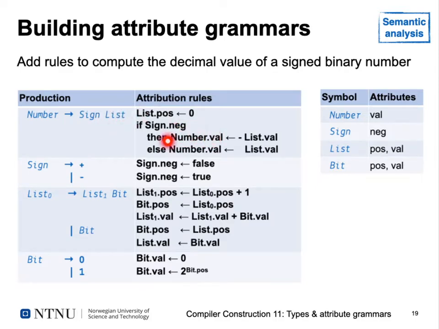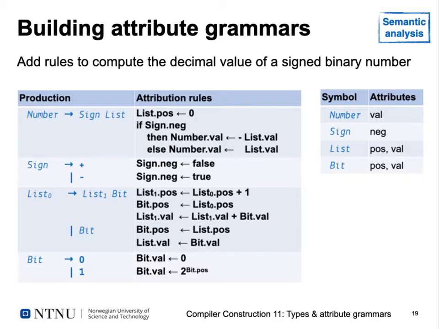Our number value is assigned the value of whatever comes out of our list, prepended by a minus sign, so multiplied by minus 1. If the sign was positive, then the value we return from our grammar is just the value of our list on the right hand side, recursing down our bits.